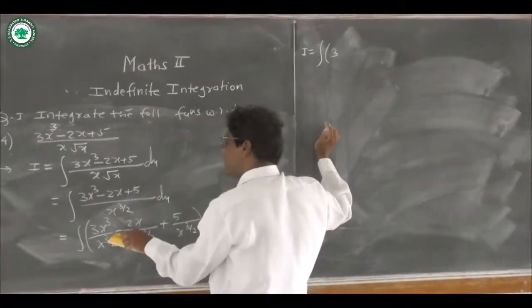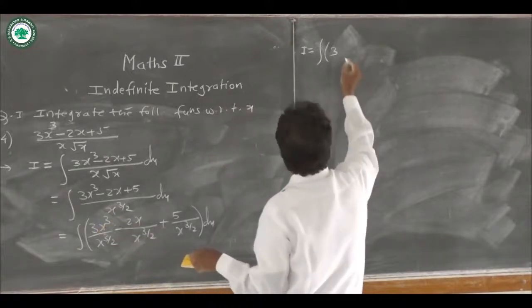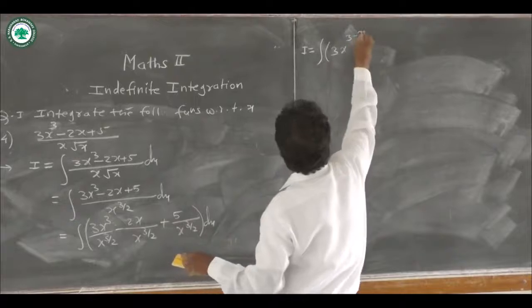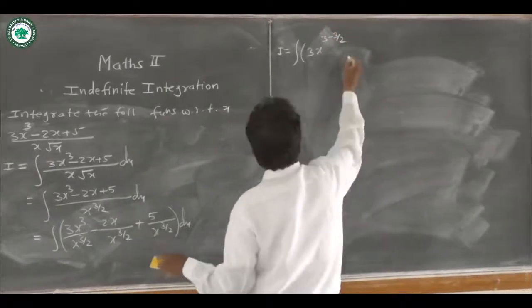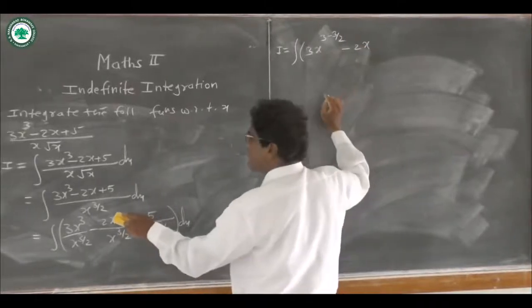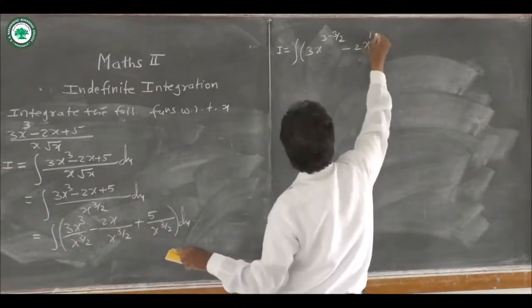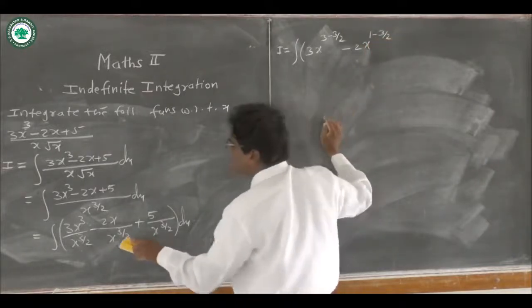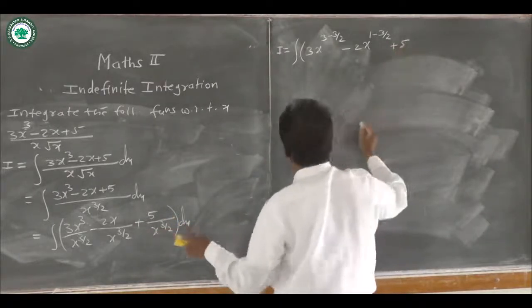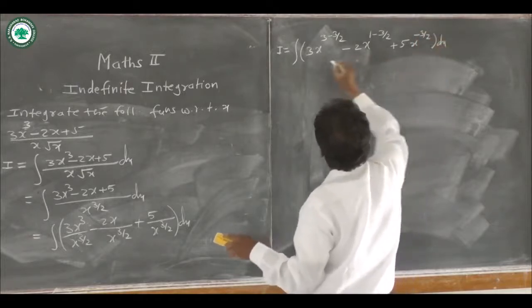We shift this power to the numerator like this, x to the power 3, and this plus becomes minus, so minus 3 by 2, minus 2x, here x to the power 1 and here x to the power 3 by 2, so we get here 1 minus 3 by 2. We shift this power to the numerator, here plus 5 and x to the power minus 3 by 2 dx.